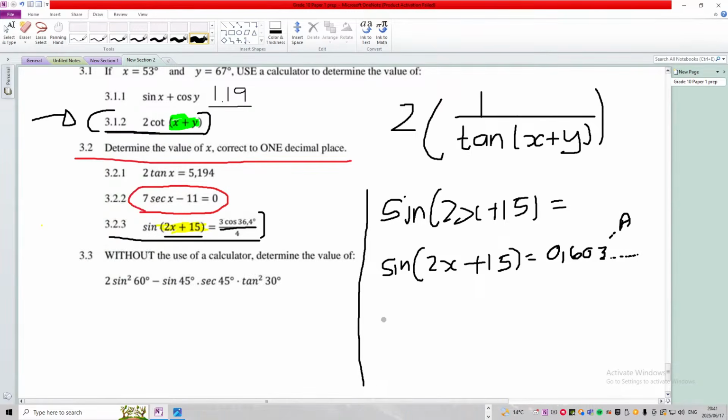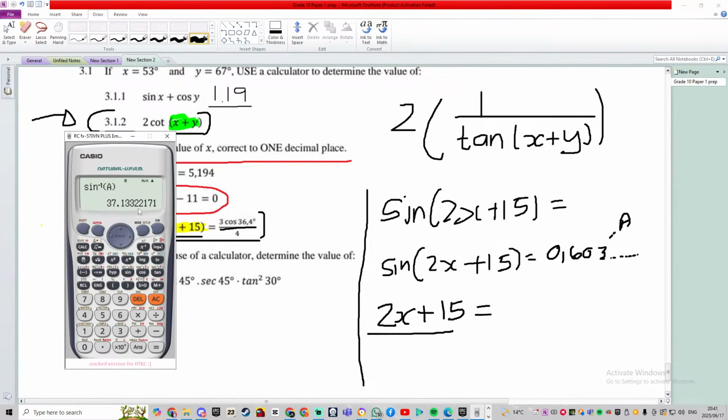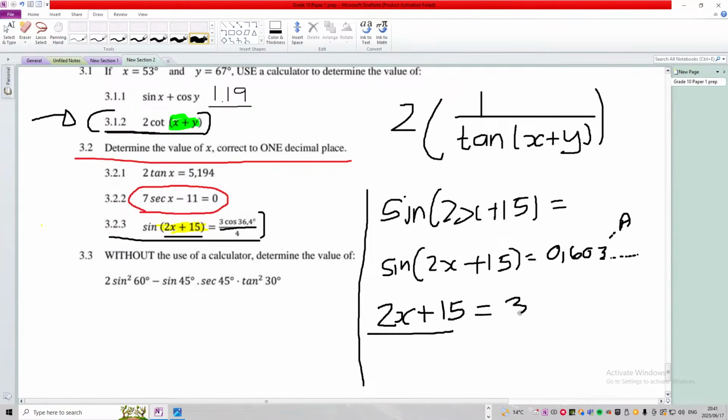So now I have 2x plus 15. This is the entire angle, which is equal to 37.133, etc. Again, you still can't round off. Then now I can solve for x. So 2x equals 37.133 minus 15.